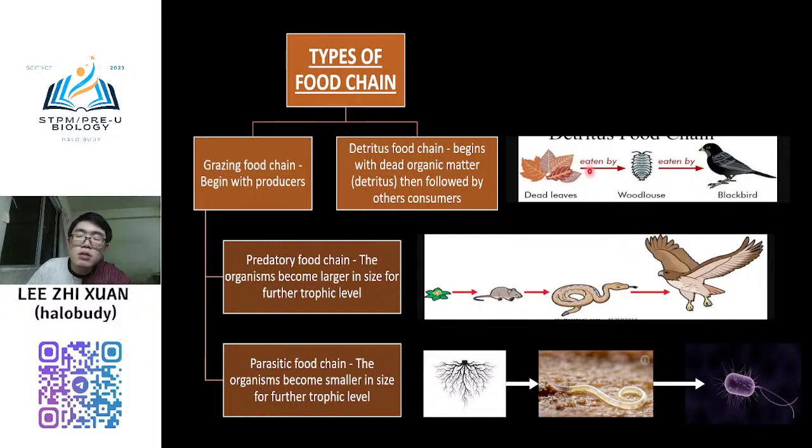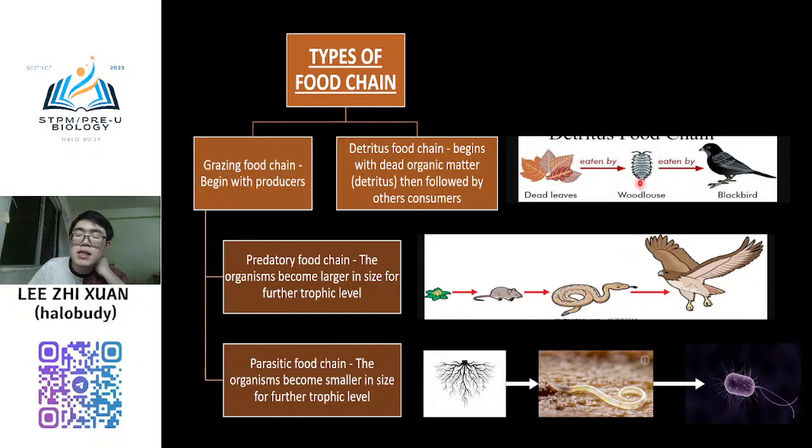Normally it does not begin from a plant. The grazing food chain begins from the producer, which is a plant, but this one begins from dead organic matter, like a dead plant or dead animal. Normally this one begins from dead material.